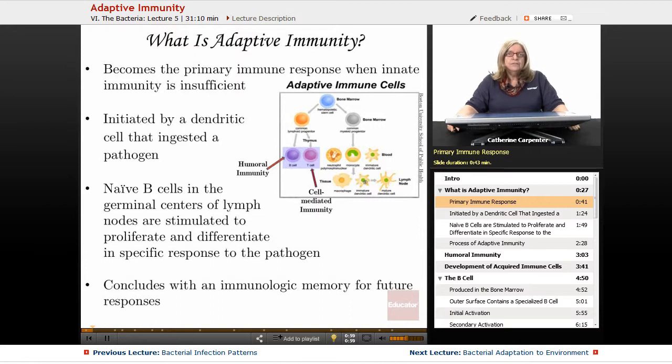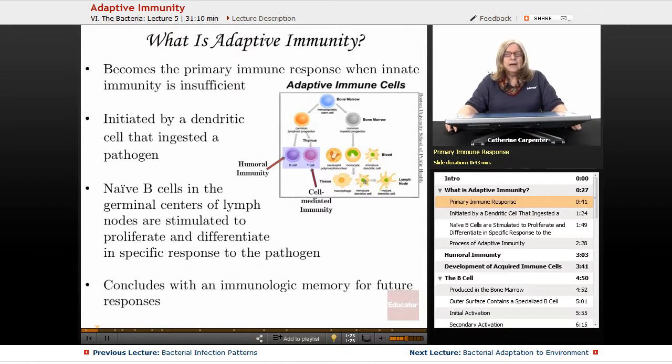It has a bank of cells that were previously exposed to pathogens, and they've remembered the shape of the pathogen, and they can be called up into action very quickly. So even though adaptive immunity essentially only includes two cells, the T cells and the B cells, in my opinion, it's the more complex arm of the immune system.